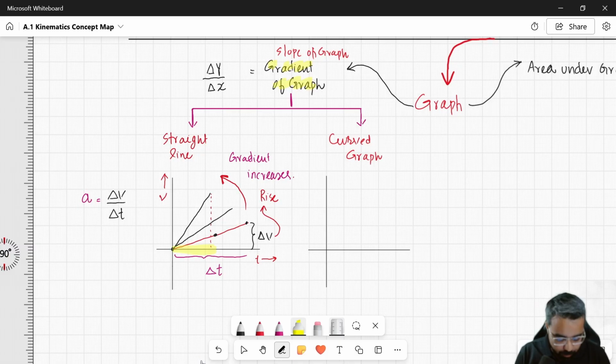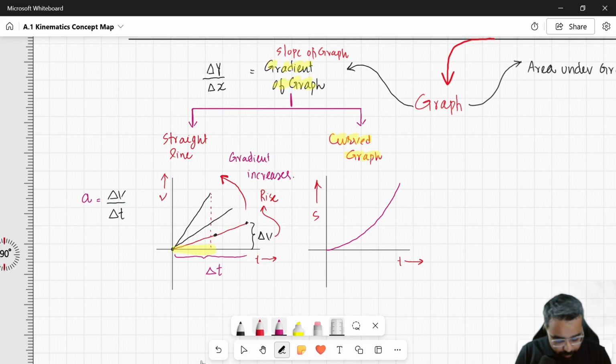Now let's go towards the curved graph. Once again, let's take a displacement time graph, because I was explaining the displacement time graph in the velocity section. You remember I drew this curved graph, and I told you that this represents non-uniform motion.